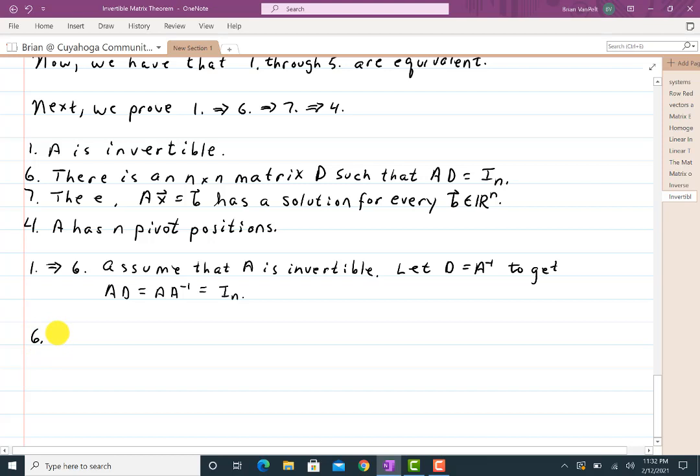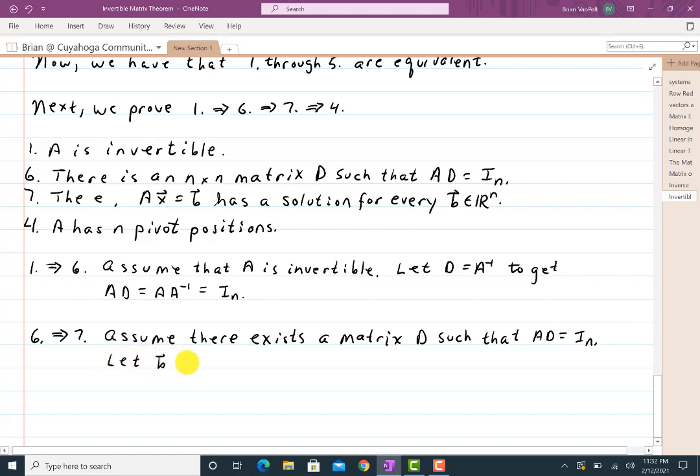Now let's do 6 implies 7. So we're going to assume there exists a matrix D such that AD equals IN.